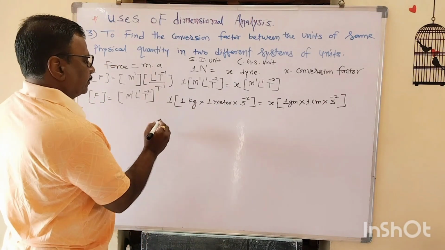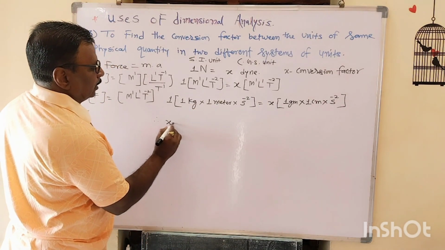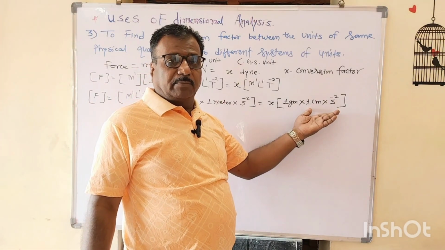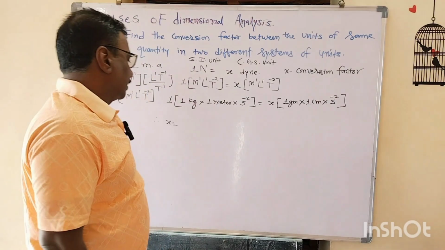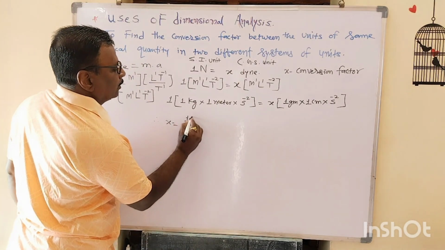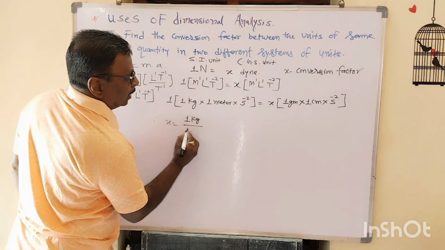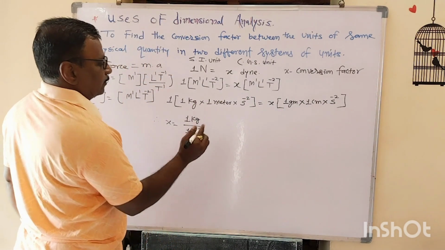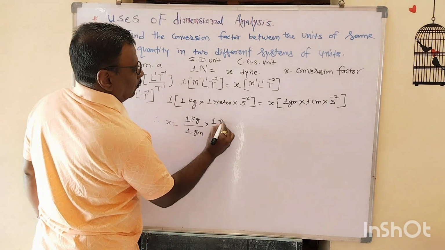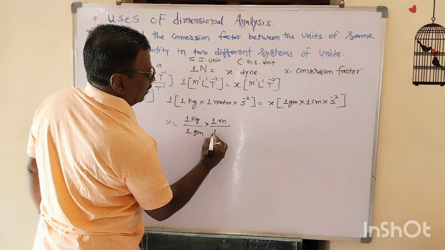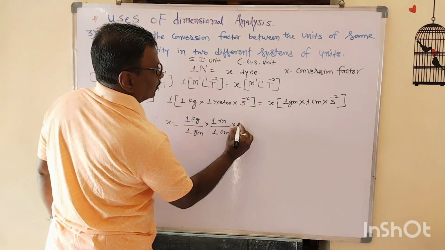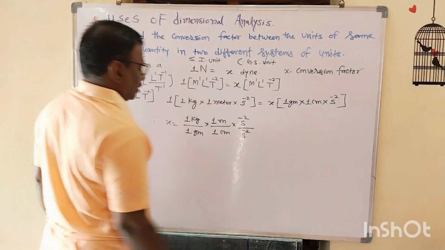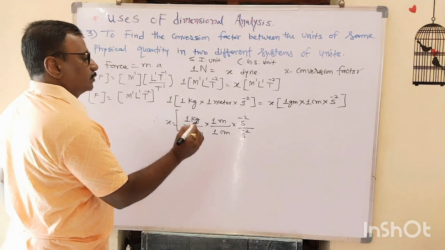So we get, therefore, x equal to, on right hand side this quantity is multiplied, take into left hand side, we get x equal to 1 kilogram divided by 1 gram, into 1 meter divided by 1 centimeter, into second raised to power minus 2 divided by second raised to power minus 2.